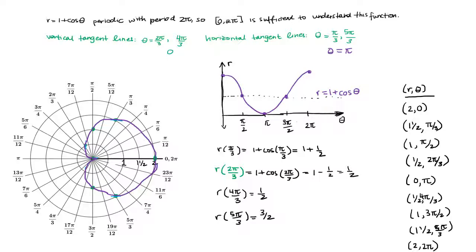Notice that since 1 plus cosine theta is symmetric, we're going to have symmetry across this polar axis. So if I draw in a line crossing that polar axis, it doesn't matter whether we started by looking at points rotating up from the polar axis or down, so clockwise or counterclockwise.